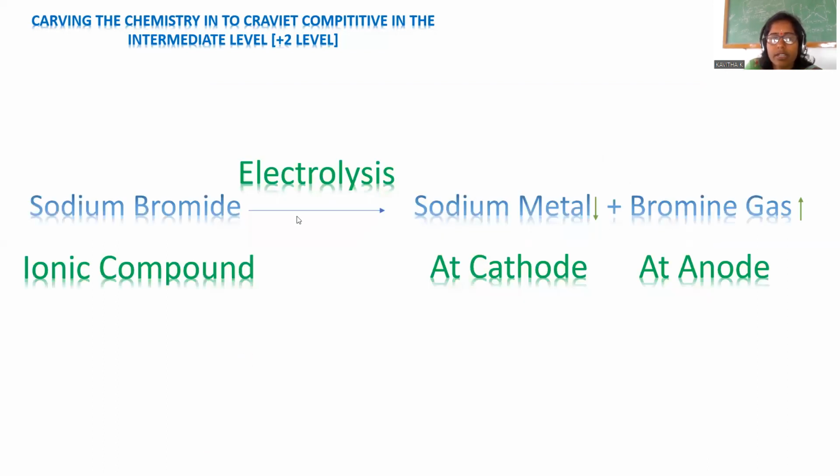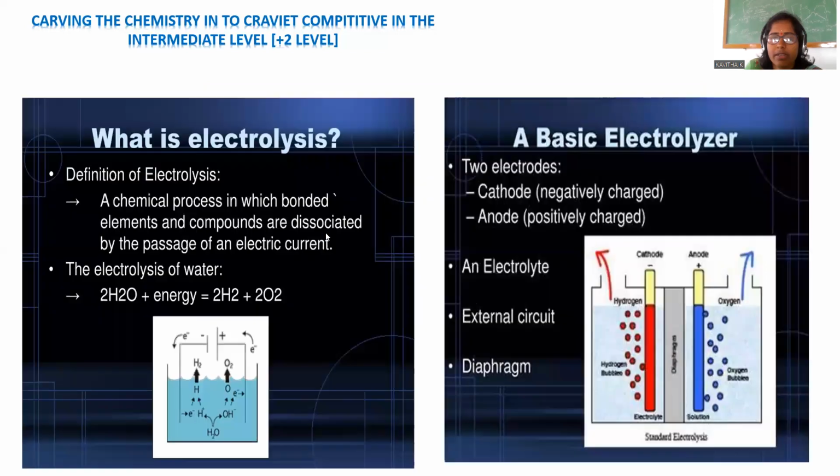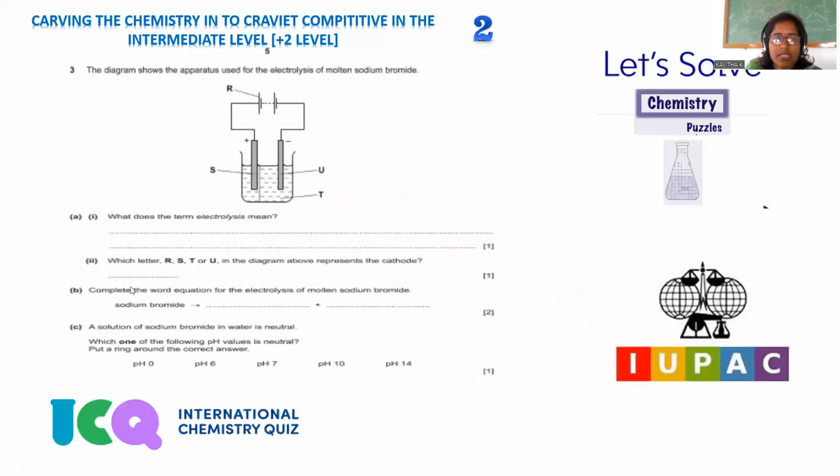So here this is the word equation. Sodium bromide is called an ionic compound. By the process of electrolysis, metallic sodium and bromine gas will be generated. Metallic sodium at the cathode, bromine at the anode. Cations at the cathode, anions at the anode. Simply you can remember this in the electrolysis process. This part B is also completed.